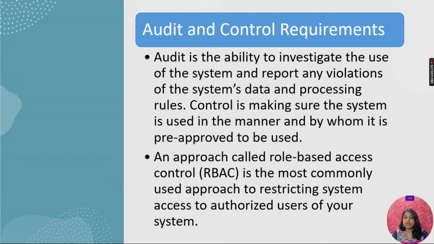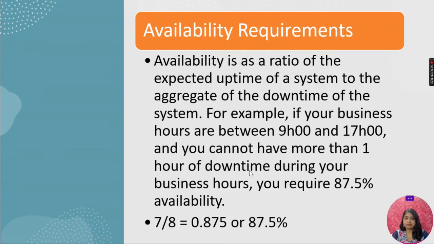So every time a new user comes to the system, the user's role will be verified, and whether the user has access or not will be checked, and accordingly the access will be provided. So it's a very simple technique. Using role-based access control, we can control the persons who are accessing the system.